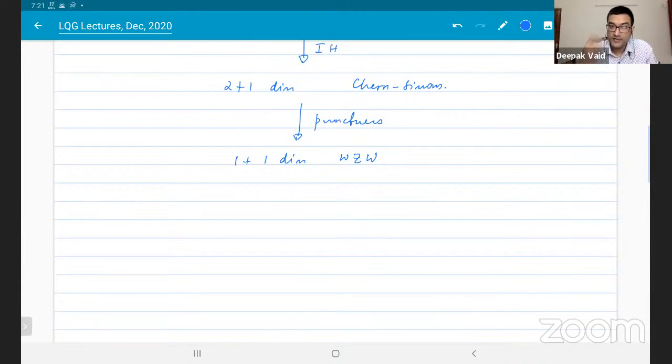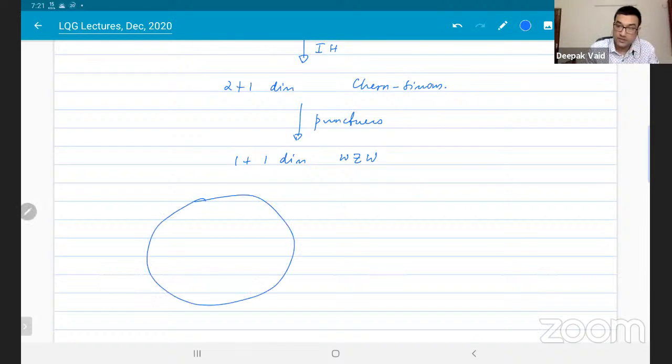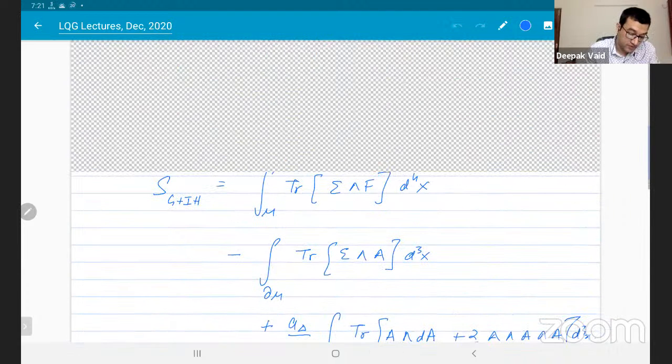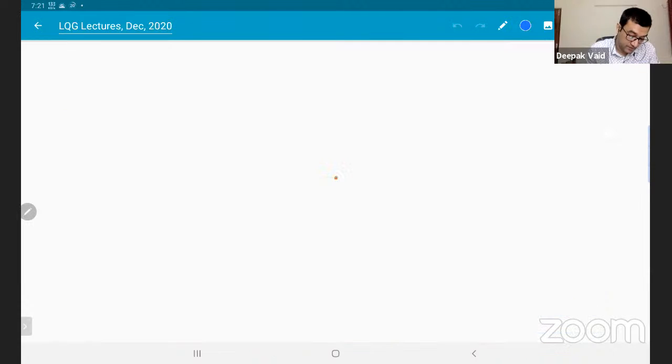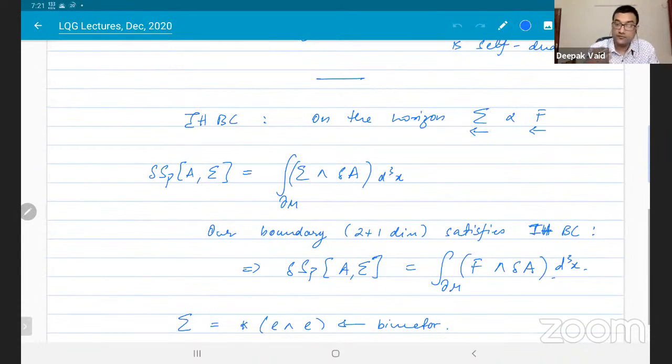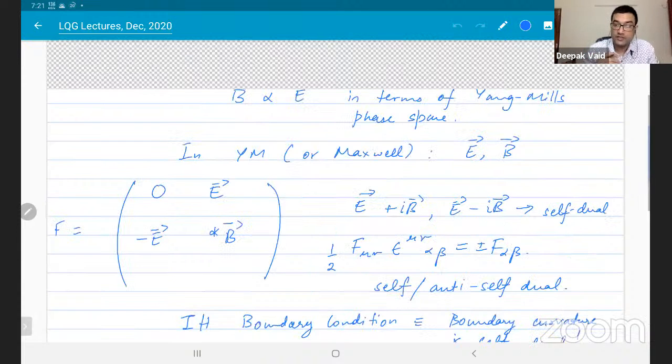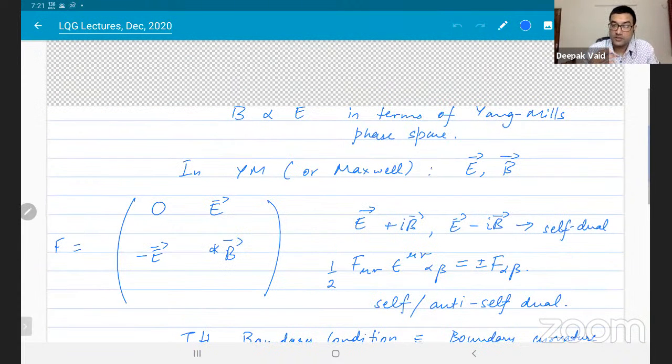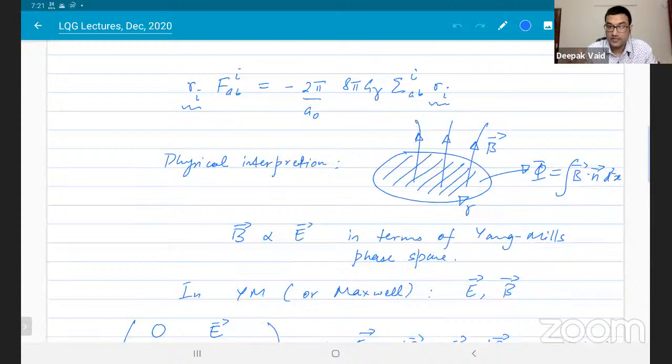And so when you calculate the entropy of your surface, of your horizon, right? So now how do you relate all this to the entropy? Well, when you look at this isolated horizon boundary condition, what one does is we impose this boundary condition on the state space, which are the spin networks.